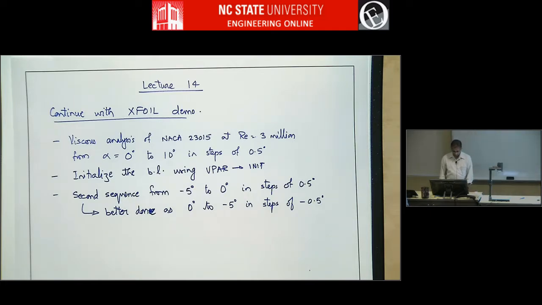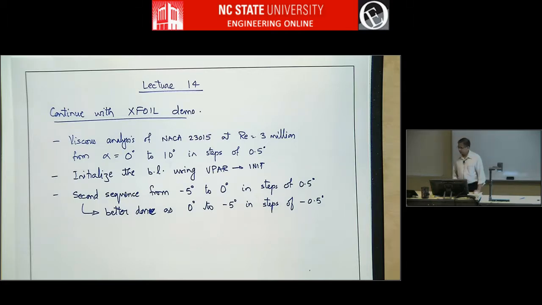I can do VPAR INIT and then hit enter. To be on the safe side, you can do angle of attack of 0. It's converged, and then you do a sequence from 0 to -5 in steps of -0.5. And in this case, it converged.